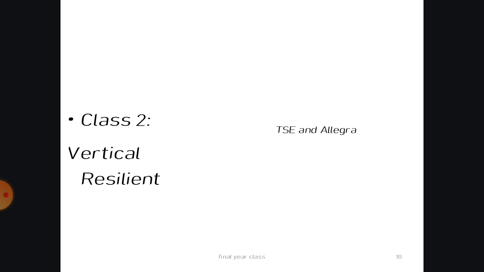Under class 2 you have TSE and Allegra attachment. These are the examples for class 2, TSE and Allegra attachments. You can Google it and see what the attachments look like, if you are very much interested. If not, you just remember the name. These are the examples which come under class 2 category of attachment.